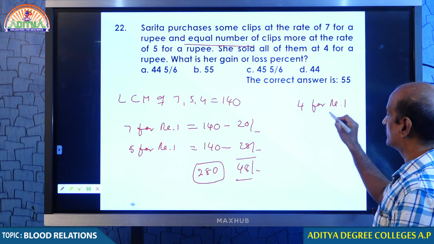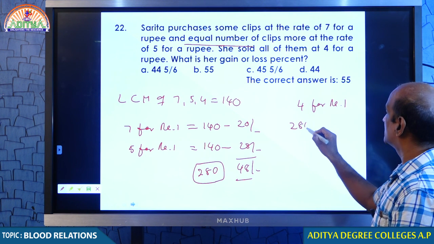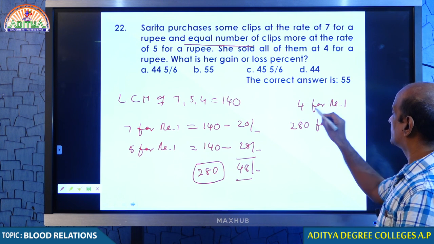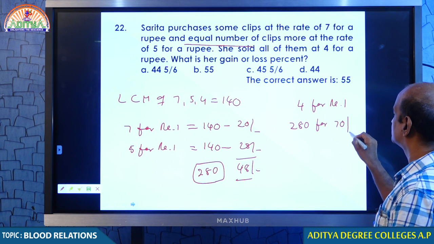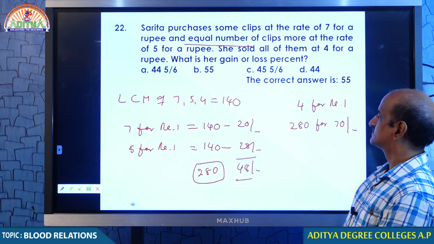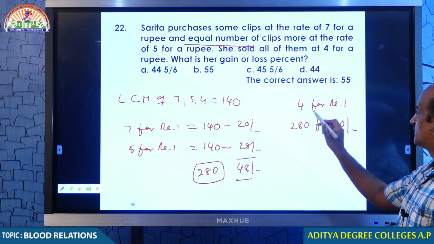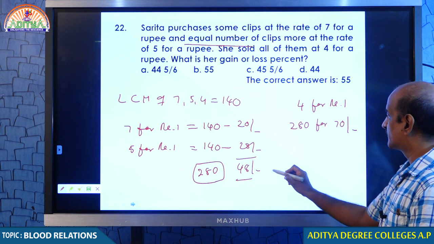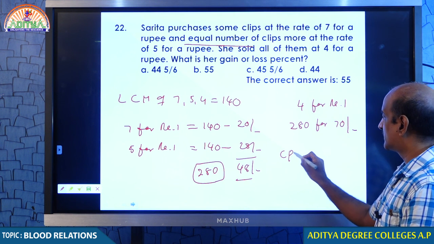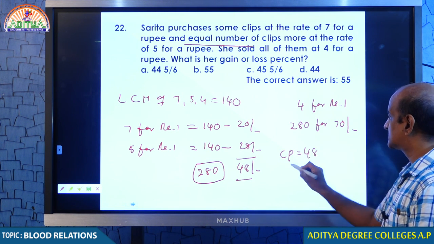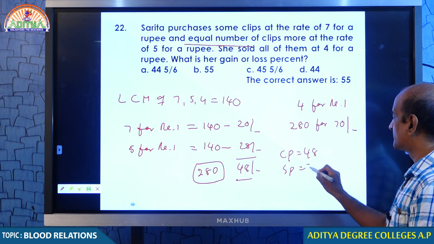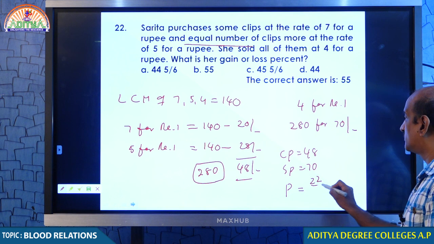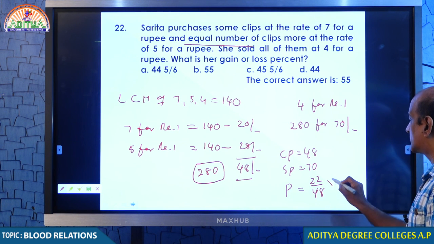At the rate of 4 for a rupee, if you sell these 280, how much will you be getting? 4 for a rupee, 280 for 70. Therefore, cost price is 48 and selling price is 70. Hence, the profit is given by 22 by 48 into 100.